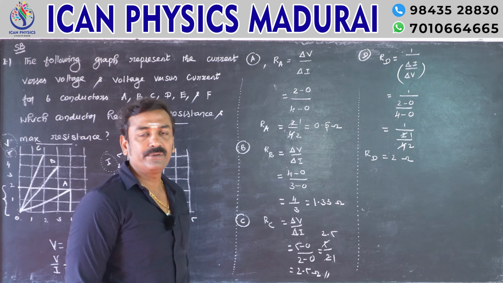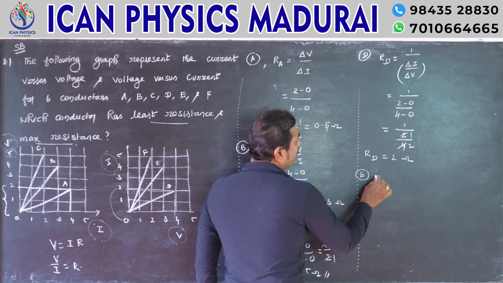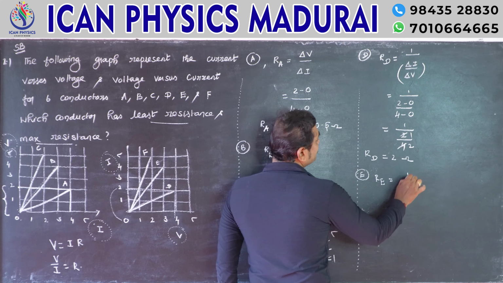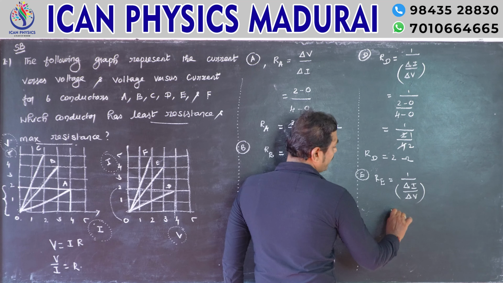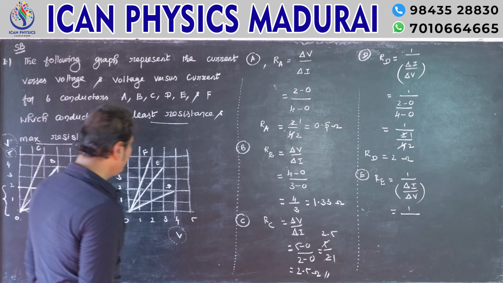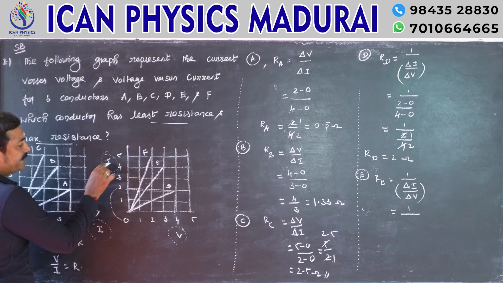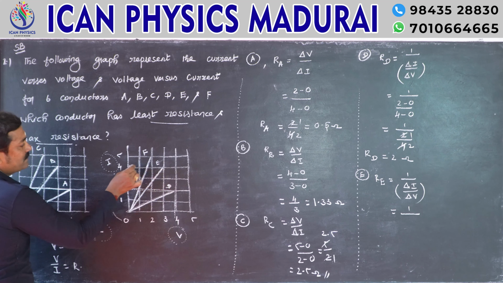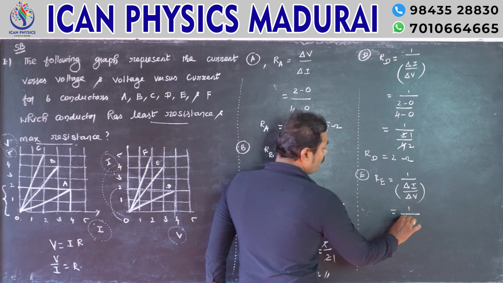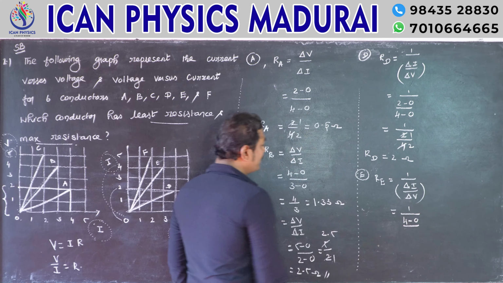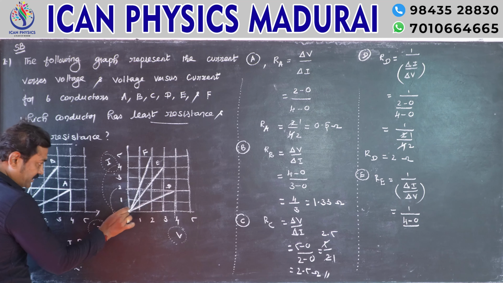Okay. Do you get it now? Do you have any doubt? No doubt. Okay. Now E. So the resistance of E is 1 by delta I by delta V. Okay. This will be E. Then this is the x-axis. Now it extends to y. So it will be 4. So 4 minus 0 divided by delta V. So it should be 3, and its initial is 0.